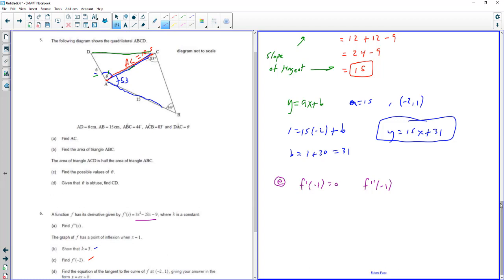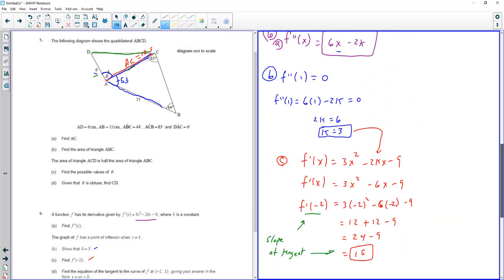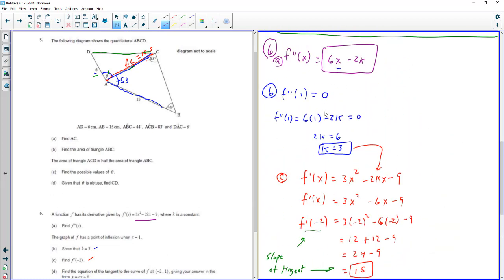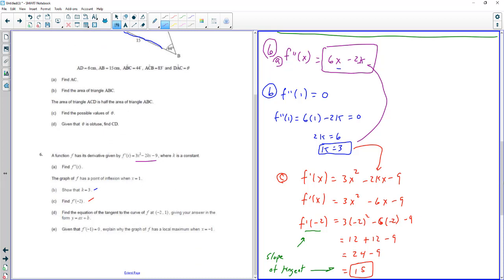I think I already did this one. Way up here. No, a positive one I did. But what is f double prime? We know that k is equal to 3, so technically what this is equal to is 6x minus 6. Since k is 3, we're plugging that in. And 6x minus 6 is my second derivative.